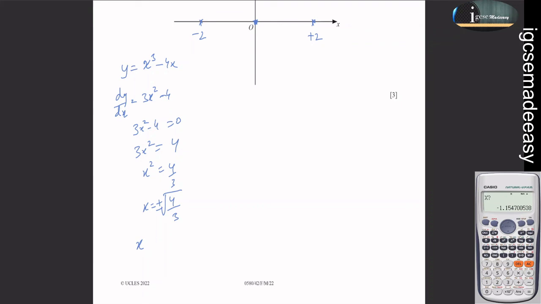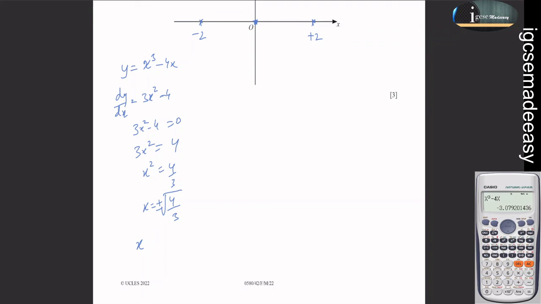Let's calculate the value for under root of 4 by 3. So I'm getting an answer.